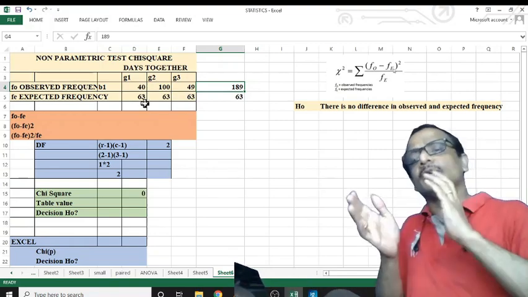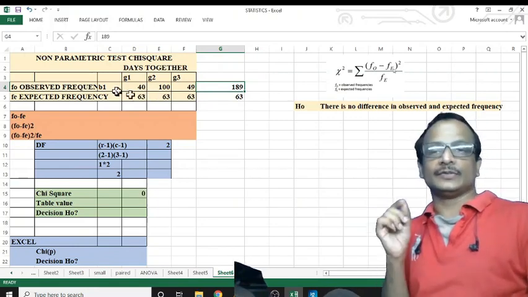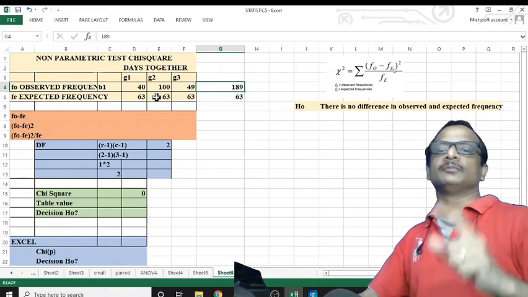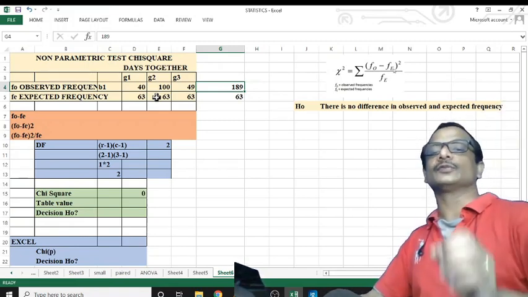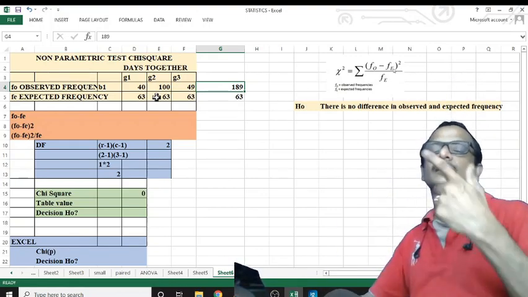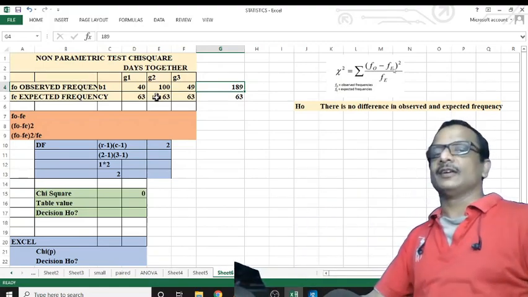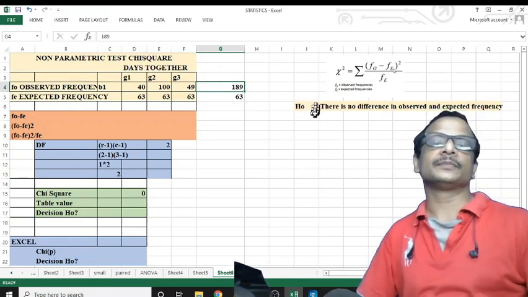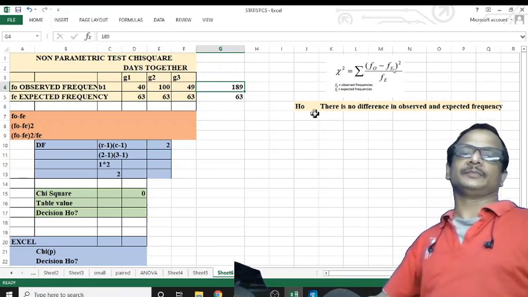If there is no significant difference in these 2 sets of values, we can be sure that the boy and the girls have no significant association. In that way, we can calculate whether there exists a significant association or not. For that purpose, we created the hypothesis H0: there is no difference in observed and expected frequency.